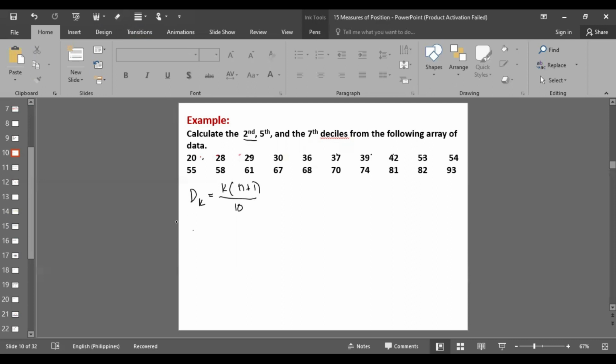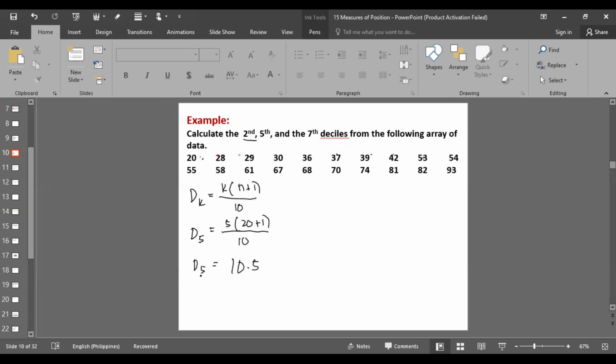Now let us locate the fifth decile. Replace lowercase letter k by 5. Replace n by 20. Divide it by 10. It's 10.5.